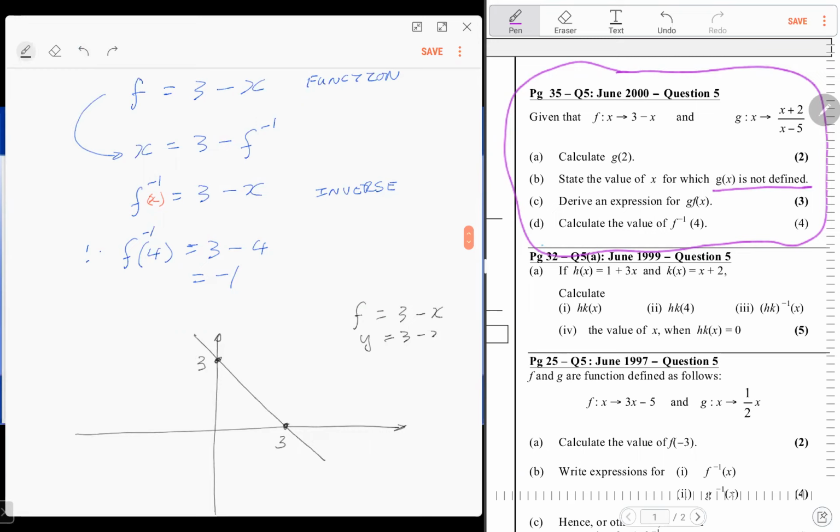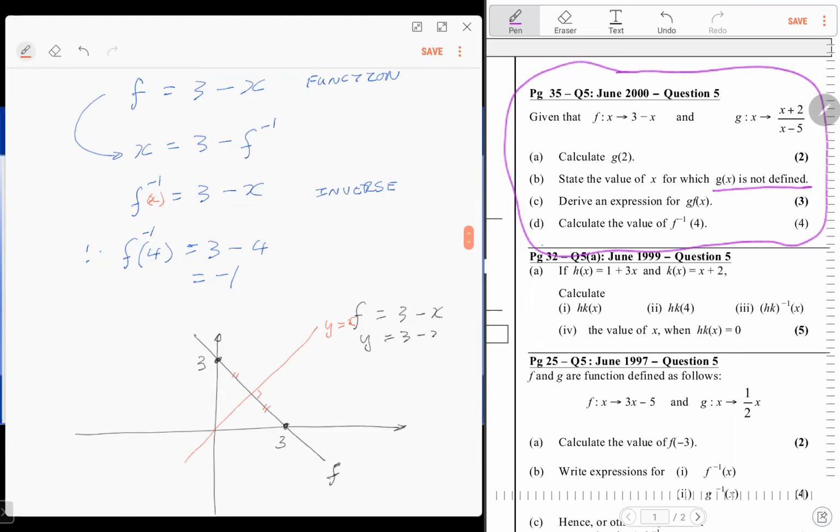Now, that is the line. So this function is the f function. Remember, the relationship between a function and its inverse is a reflection in the line y equals x. So if I draw the line y equals x, which is right down the middle, like that, then this will be perpendicular to that, and this length will be equal to this length.